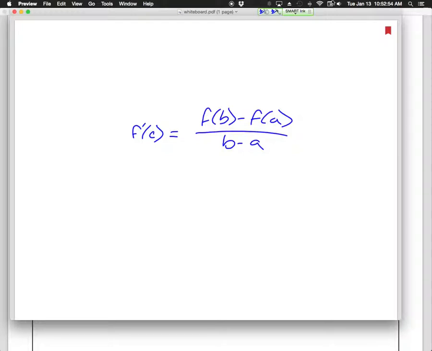The C is the X value. It's the X value that produces the instantaneous rate of change that is equal to the average rate of change. So it's where the instantaneous rate of change equals the average rate of change. Okay? So, say it again.